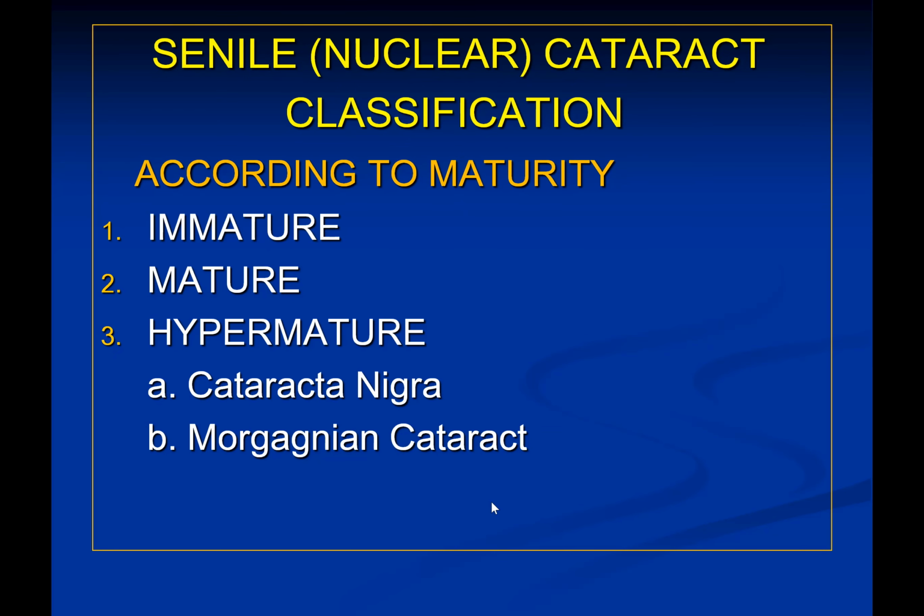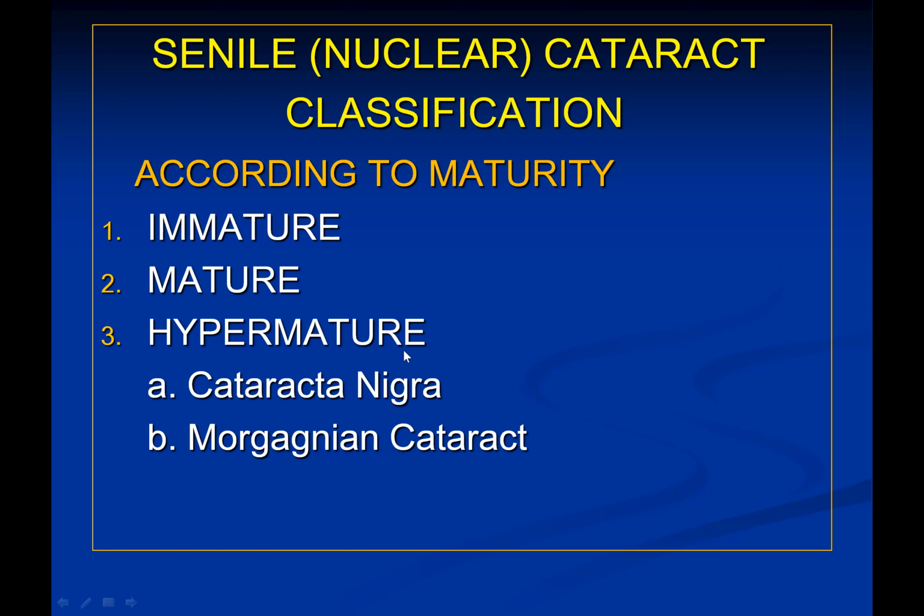There are several ways of classification of nuclear cataract, but the best and most prevalent and clinically useful is the classification according to maturity of the cataract. So we classify it as immature, mature and hypermature. I had told you how to differentiate between immature and mature by using torch, iris shadow test and by using distant direct ophthalmoscopy.